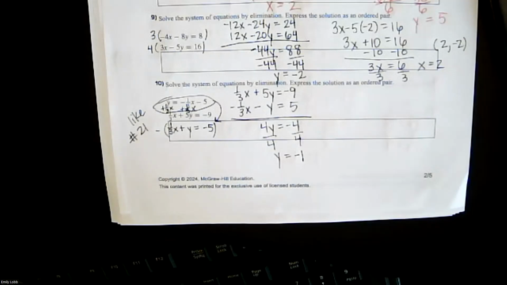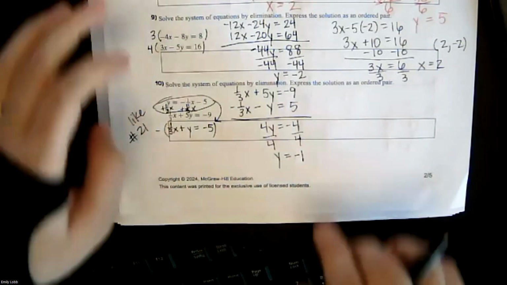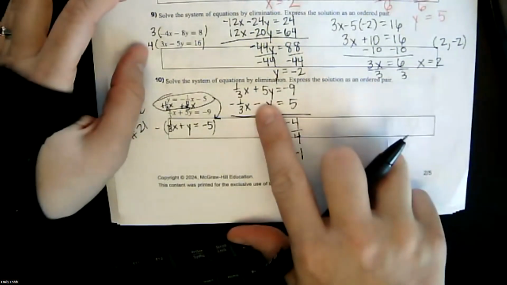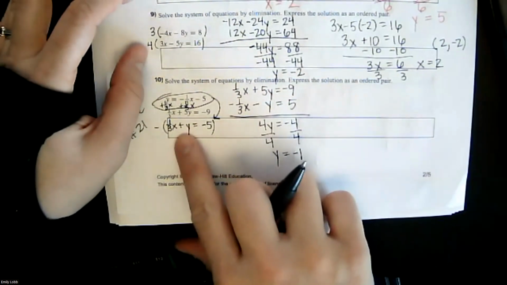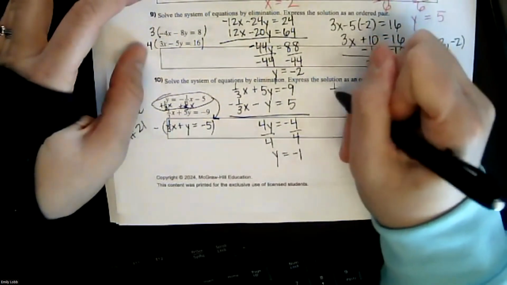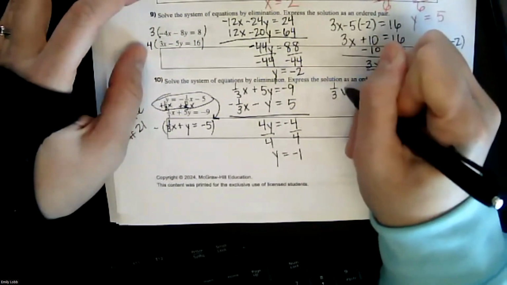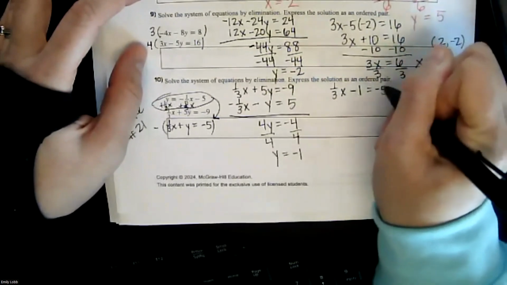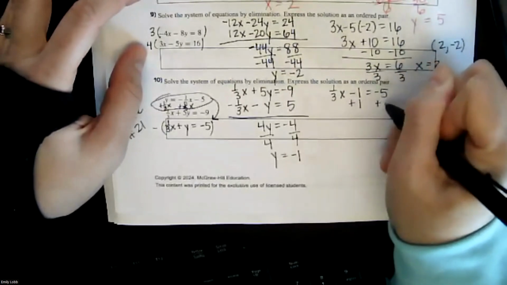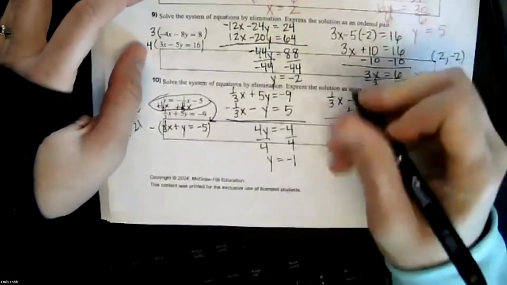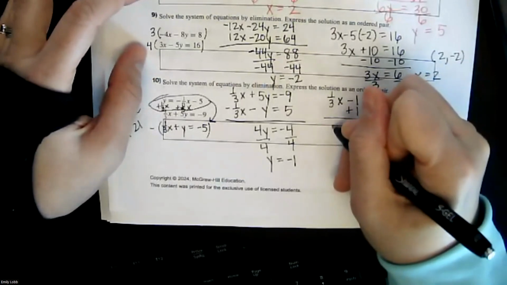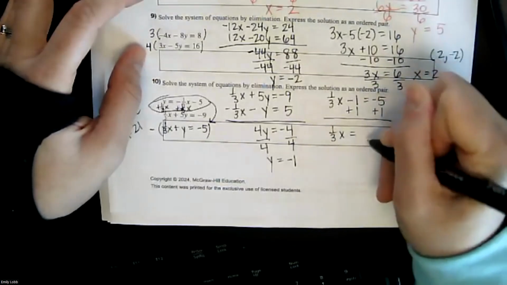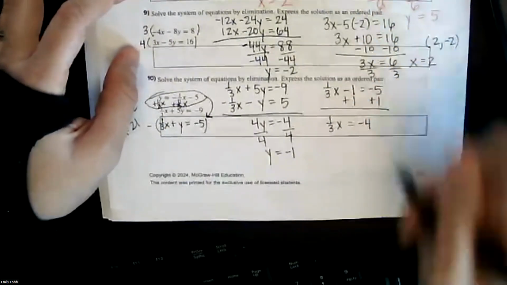This is where it is going to get a little tricky because we have to remember how to solve equations that have fractions in them. So we're going to put this back in, maybe into this bottom equation. So 1/3 x minus 1 equals -5. So when I added 1 to both sides, I would have 1/3 x is equal to -4.